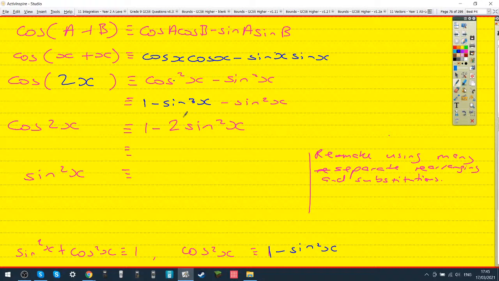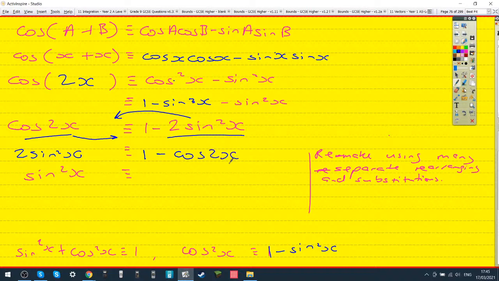If we bring it over to the left side and bring that over to the right side, we get 2 sine squared x is identical to 1 minus cos 2x. And so what is sine squared x the same as?